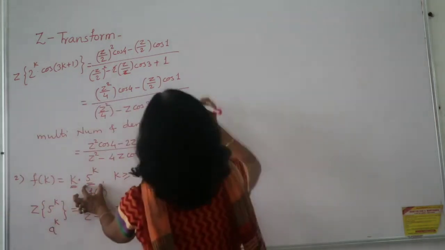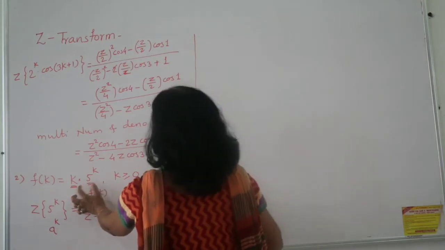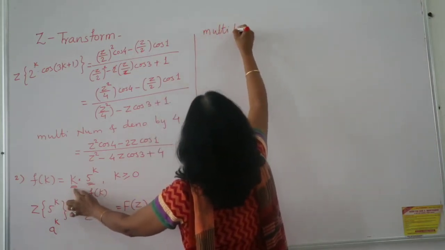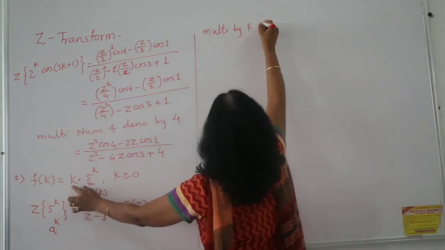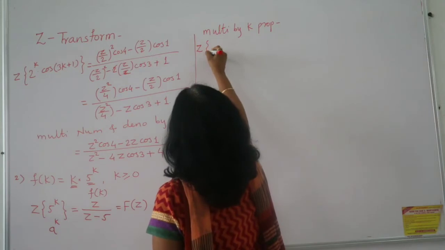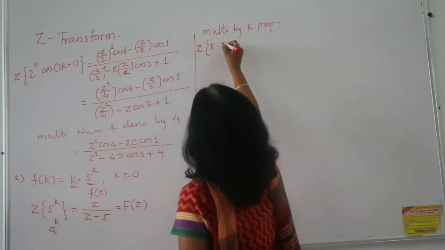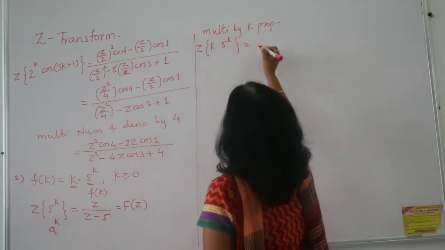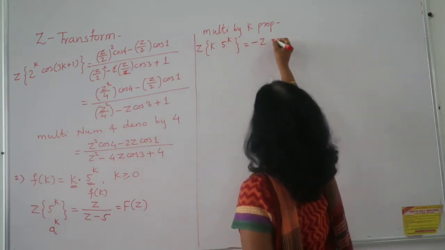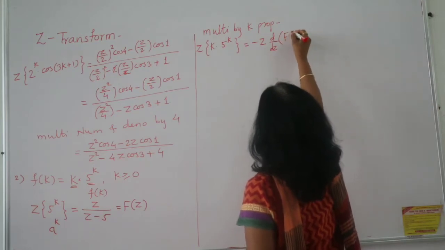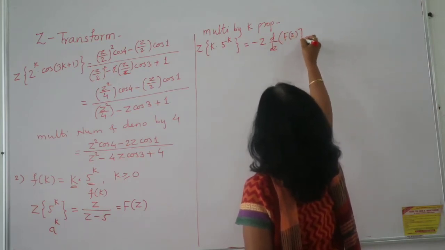So the z transform of this function is considered f of z. I calculated the z transform of this function and now I have to use the multiplication by k property, or theorem, whatever you want to say. So here I will say the z transform of k multiplied by 5 raised to k. What is this property? This property says minus z into d by dz of f of z. You may use square brackets also.